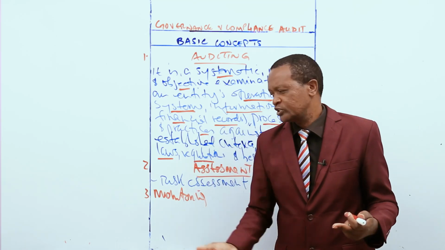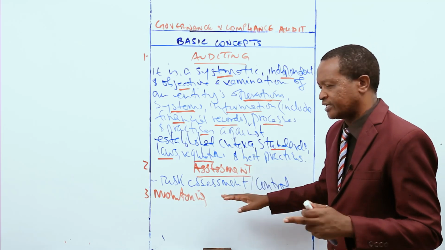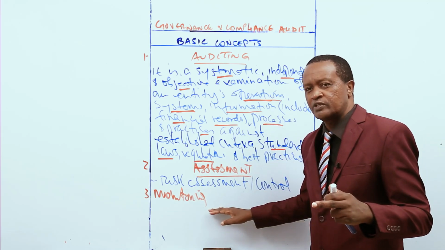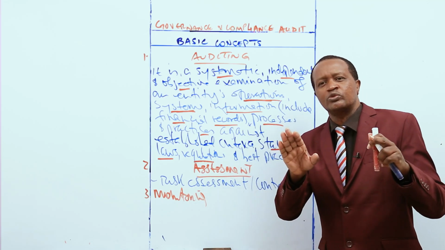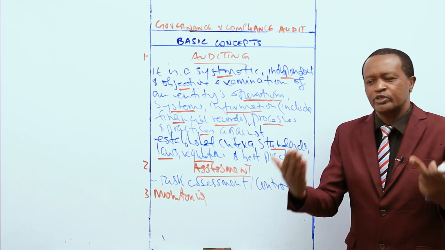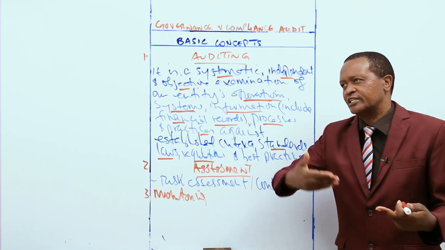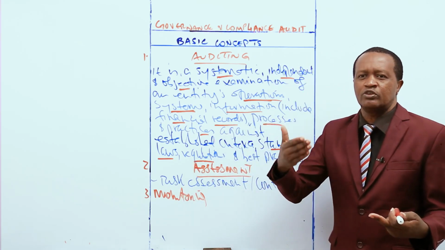That's why the management has the responsibility to monitor periodically and continuously the design and the operating effectiveness of internal controls.